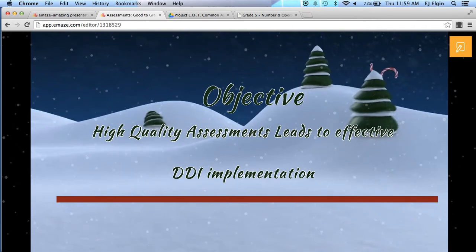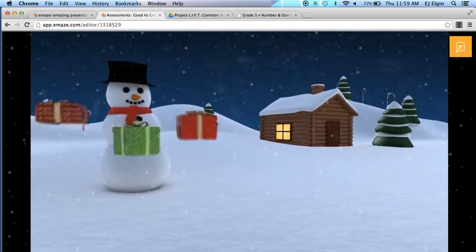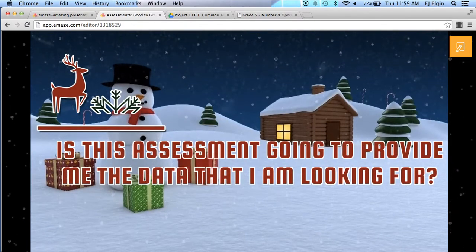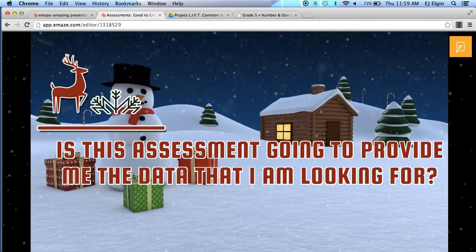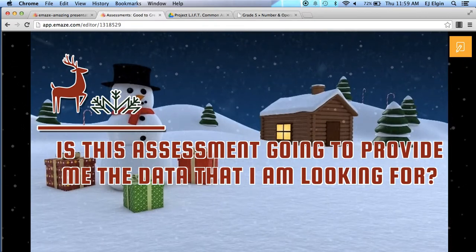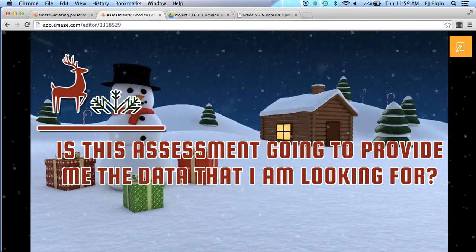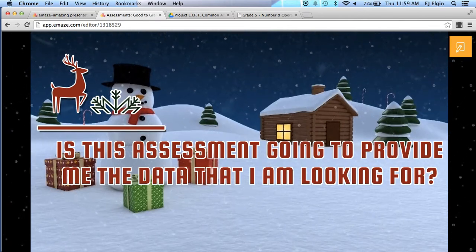So the first question that we're going to look into is: is the assessment that I'm going to give going to provide me the data that I'm looking for? What kind of data am I looking for in my assessment?